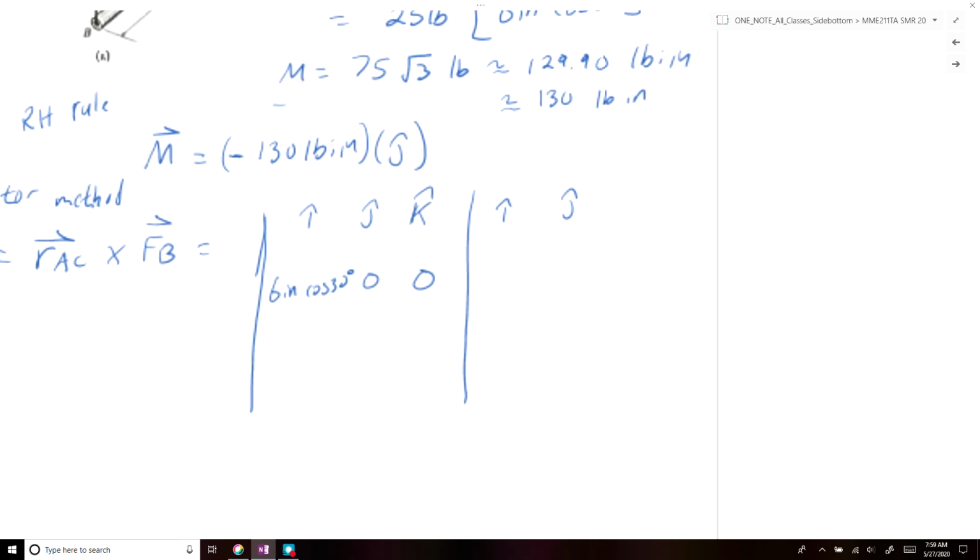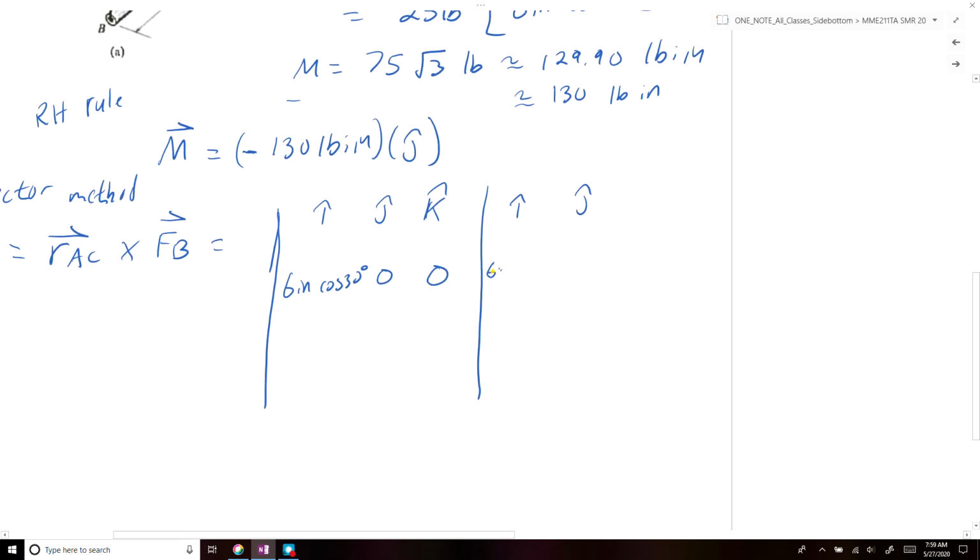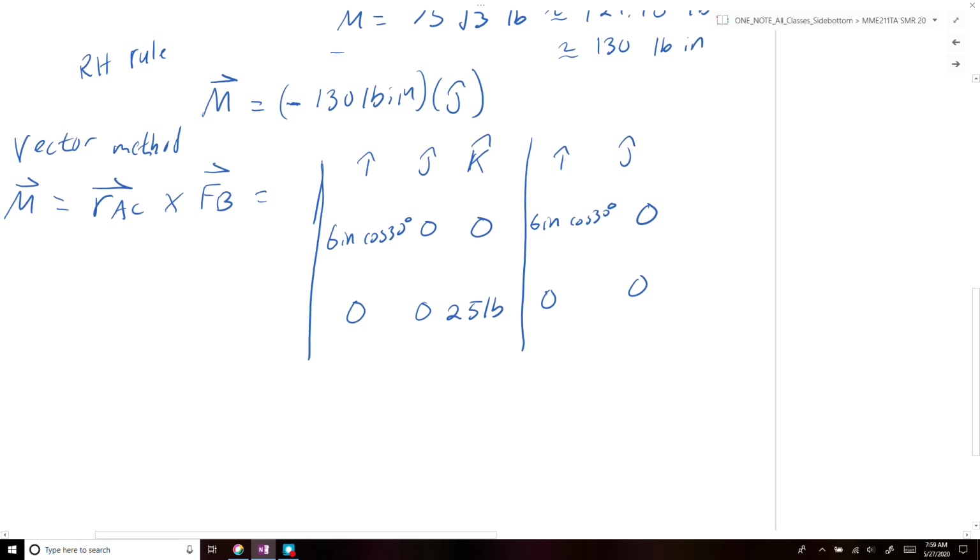On the right-hand side, we get 6 inches times cosine of 30 degrees, and then we get 0 as our last term. For the final row, we just include our force at point B, which was 25 pounds along the positive z direction.